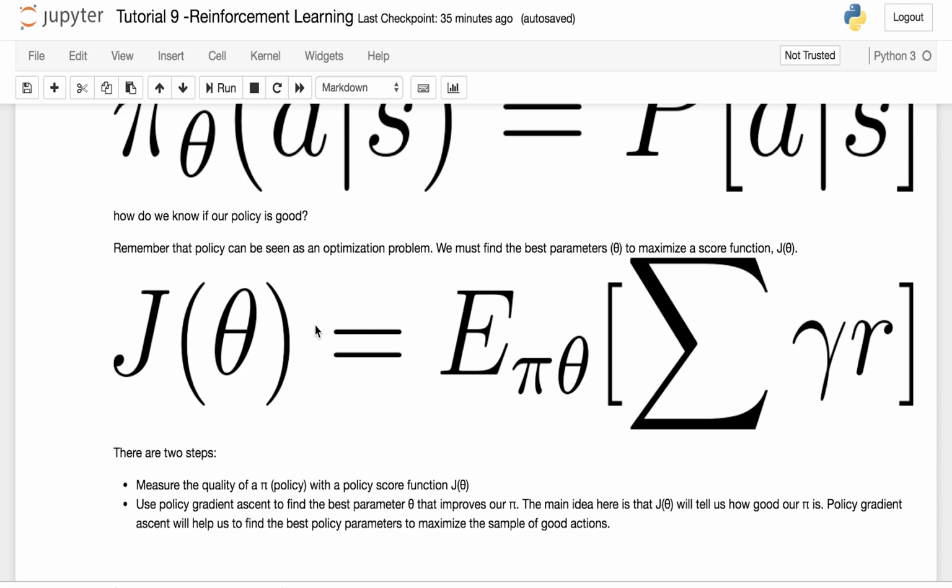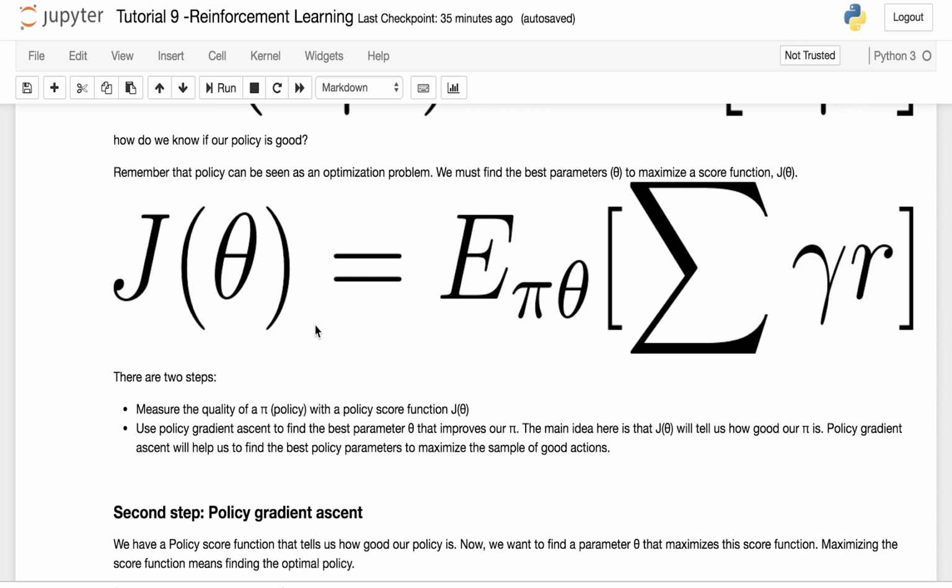We want to optimize the expectation of each reward. It's not directly on the probability, but we are sampling from it as a random variable, and to optimize it we should take the expectation of it because it's a random variable.